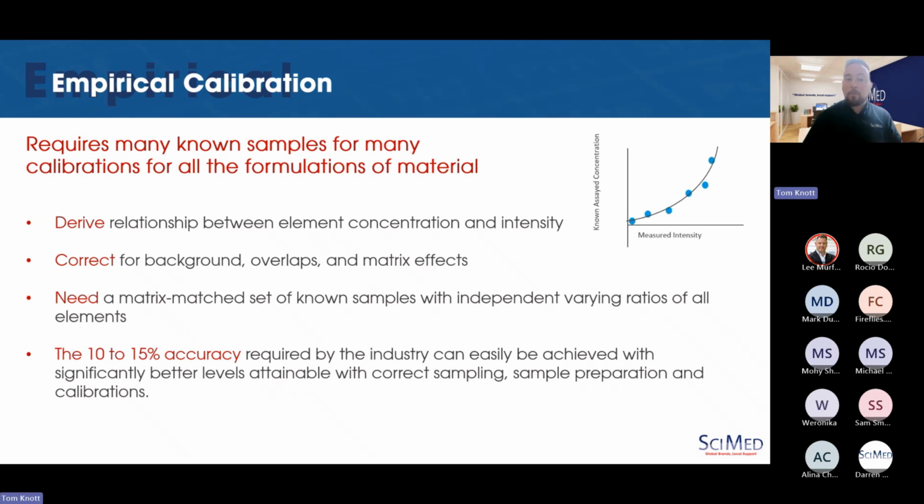Whilst that may often be seen as a bit of a gold standard for quantitative work, you're still having to get around the need for a suitable range and diversity of available reference materials that can allow for independent correction of various elemental overlaps and interferences, and have those independent varying ratios of the elements that make up those samples. Otherwise, you can get a beautiful regression, but it's not actually allowing the software to make the appropriate calculations.